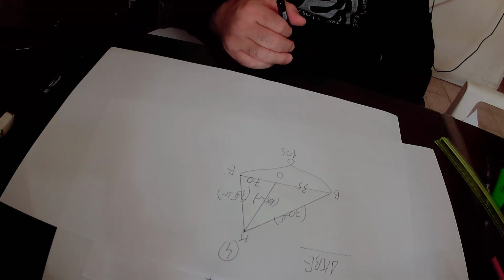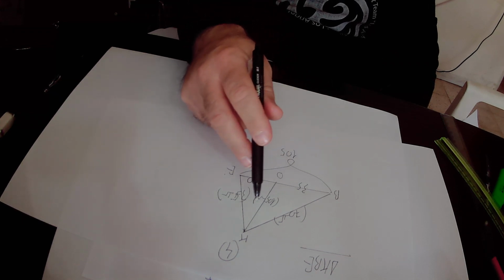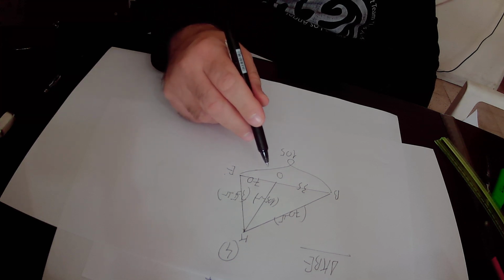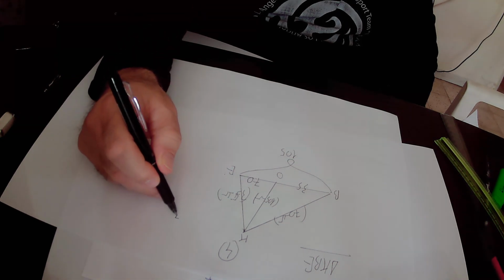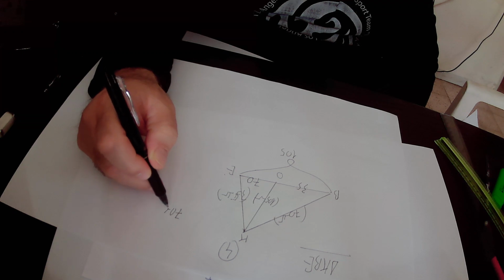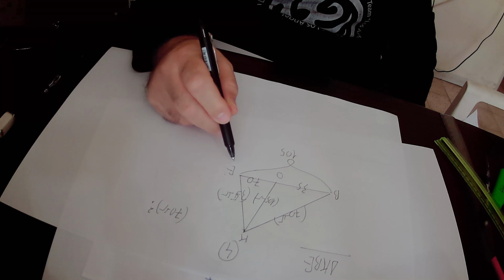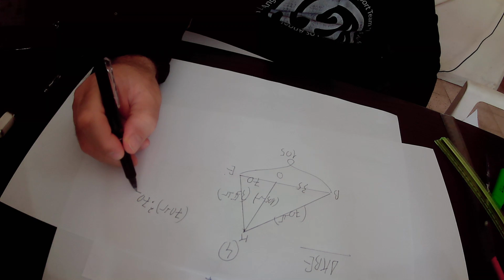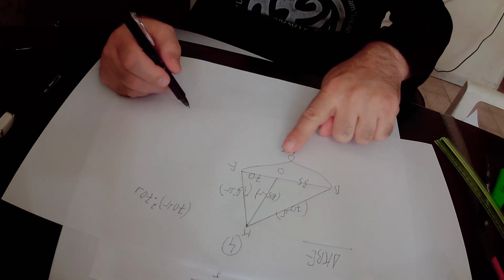So in this triangle KBE, according to Stewart's theorem, we get that BK square times OE. BK is 70 plus R, and therefore BK square is 70 plus R square, times OE. OE is 70, so this times 70, plus KE square times BO.